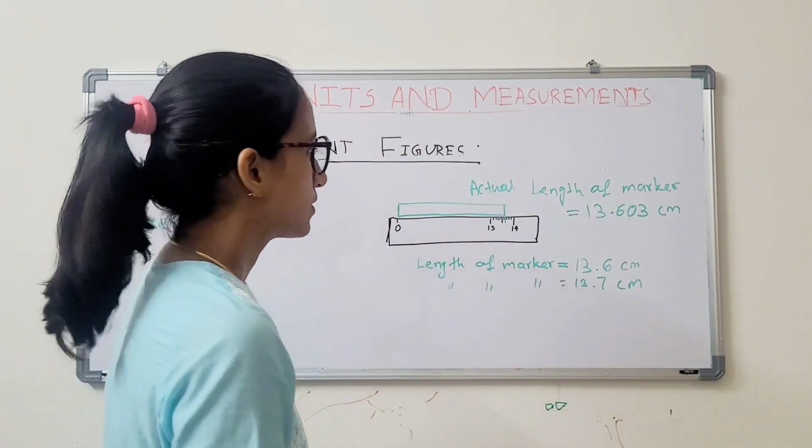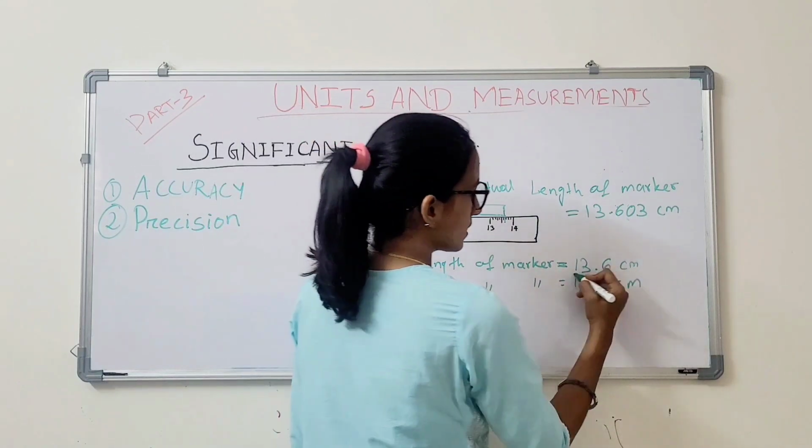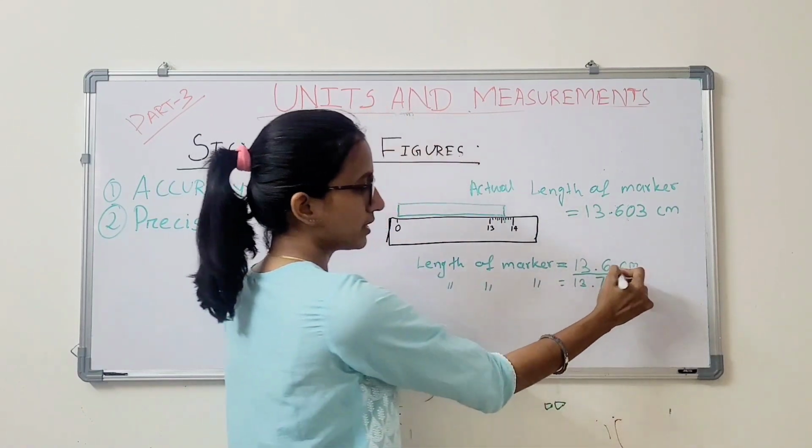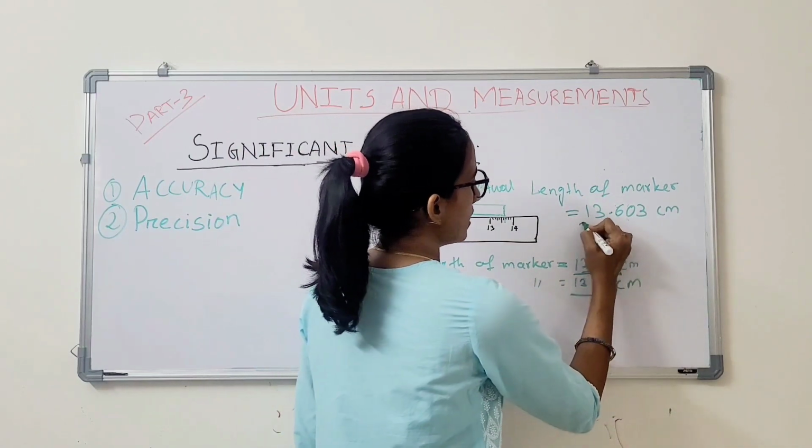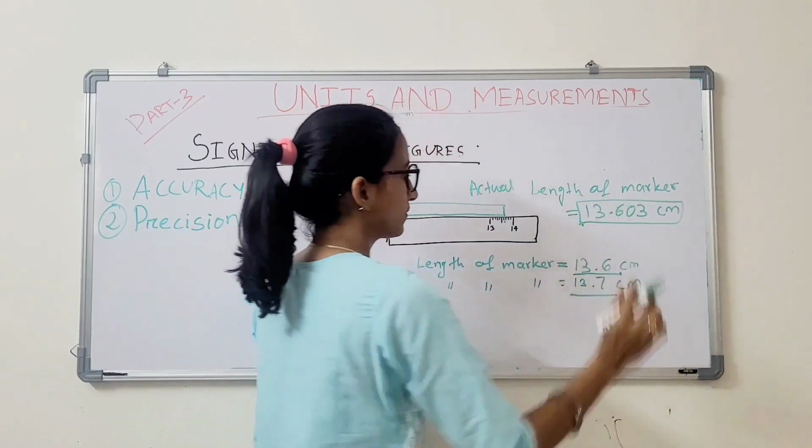So in this case the measurement is not perfect, in this case it is also not perfect, and this is the true value.